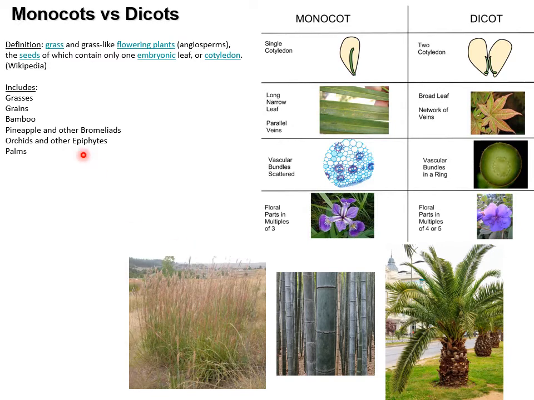There's also bamboo here, and also bromeliads, such as a pineapple, and epiphytes, such as orchids. Epiphytes are plants that grow in clusters up in tree limbs, and they survive on water, actually. The one that we're most interested in is palms. So that's what we're going to talk about today.